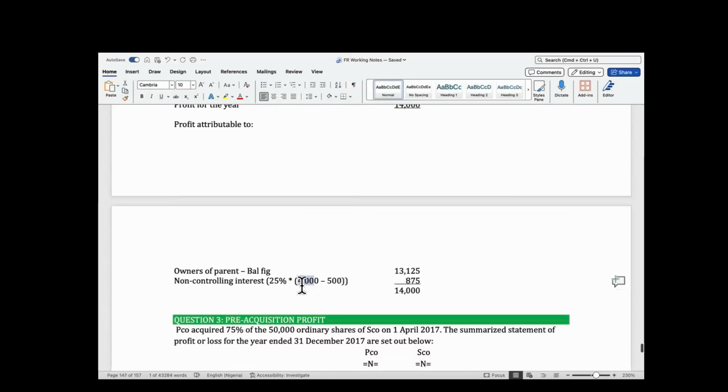Since we are picking this raw data from his account that we have not adjusted, we need to manually adjust that 500 unrealized profit. We need to remove it because it was the subsidiary that sold. It was the one that made the profit. That unrealized profit was eliminated from its books. If it was the parent that sold, it would have been the parent that made the profit, and we wouldn't need to do this adjustment.